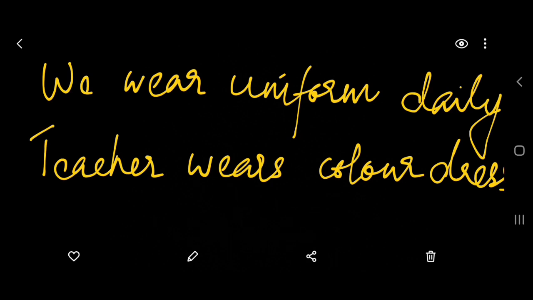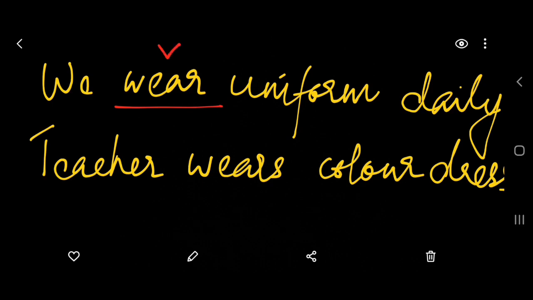Look at the first sentence. We wear uniform daily. Which is the verb in that sentence? Verb means activity. ഏത് ആക്ടിവിറ്റിയാണ് അവിടെ നടക്കാൻ പോകുന്നത്? Yes, wear. ഡ്രസ്സ് വെയർ ചെയ്യുക, ധരിക്കുക. Now wear is the verb. Okay, that is the verb.